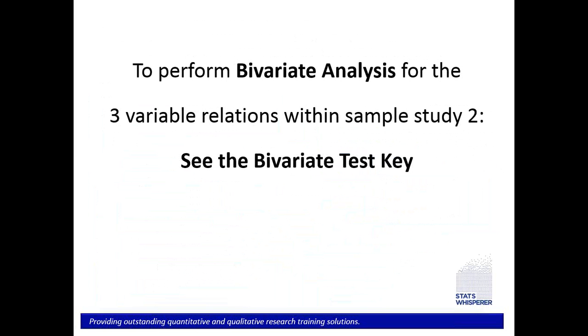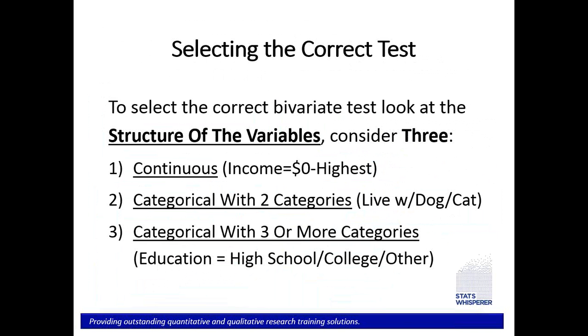To perform bivariate analysis for the 3 variable relations, the 3 arms we just looked at, within sample study 2C, we use the bivariate test key. When we look at the bivariate test key, we're going to consider 3 variable structures. 1 is continuous, 2 is categorical with 2 categories, like living with a dog or a cat, and 3 is categorical with 3 or more categories, such as education level, because we have high school, college, and perhaps other.